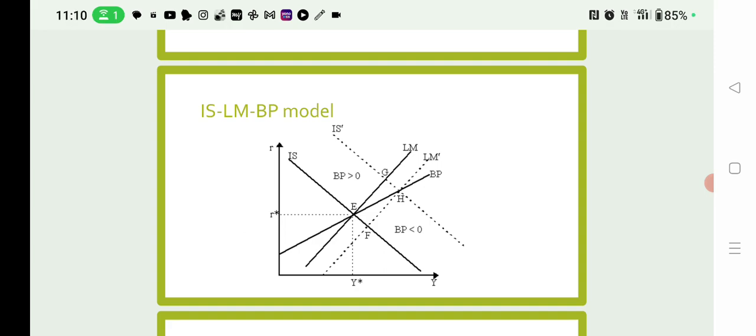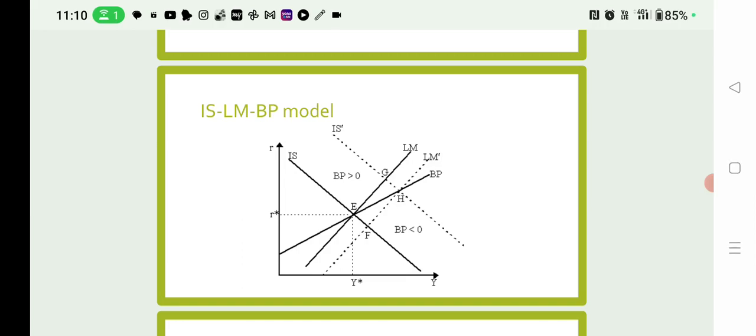So new equilibrium is possible at point G, but at that point balance of payment equilibrium is lacking. So only internal balance was possible at point G, where LM curve is intersecting the IS dash curve. That is the newly derived IS curve, shifted IS curve, IS dash.